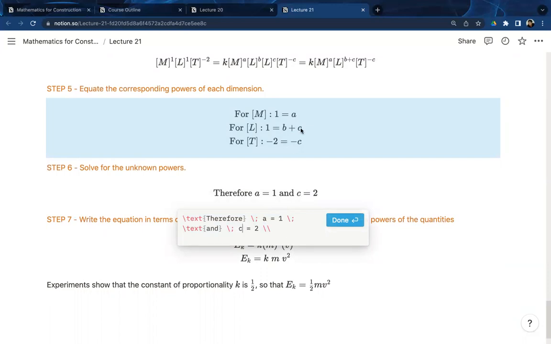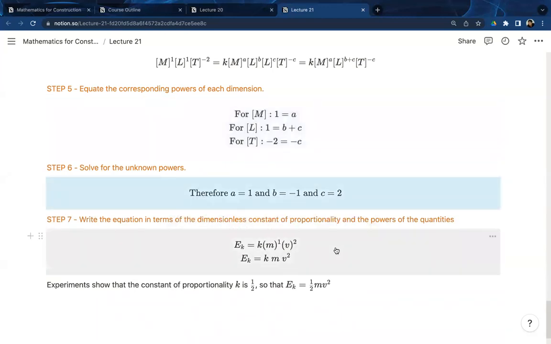And if C is 2, it means B is negative 1. Right? B is equal to negative 1. So this first one says A is 1, this one says C equals 2. And if C is 2, then B plus 2 is 1. So you have to subtract 1, B had to be negative 1.